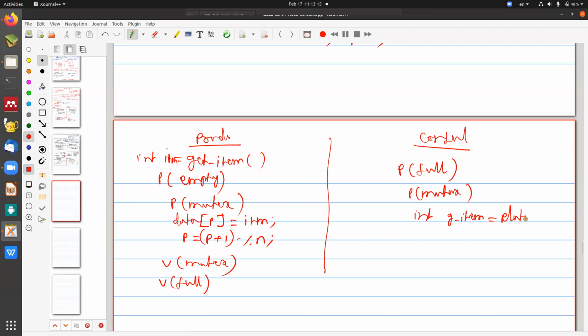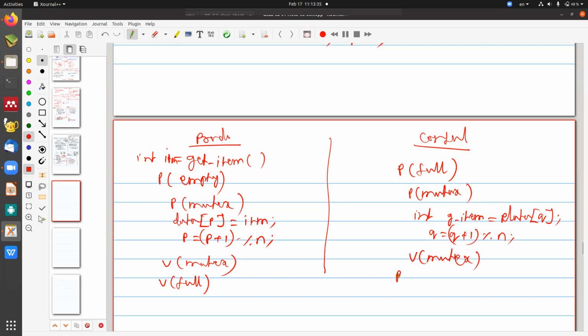Q. Data of q, very nice. And then similarly q equal to (q plus 1) modulus max, where max here is n. And similarly V of mutex.